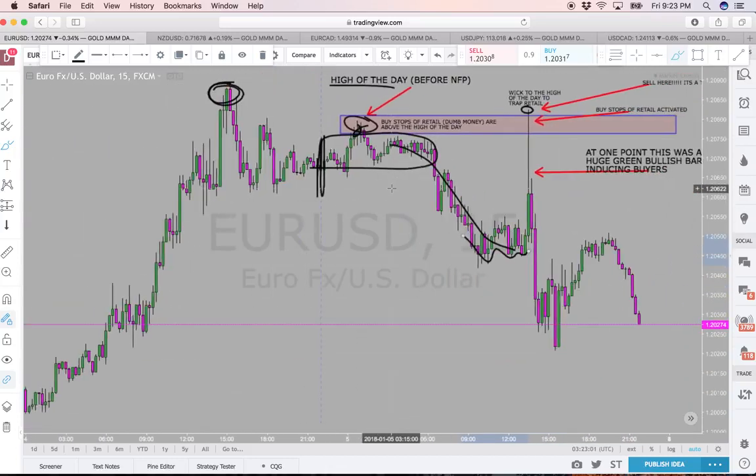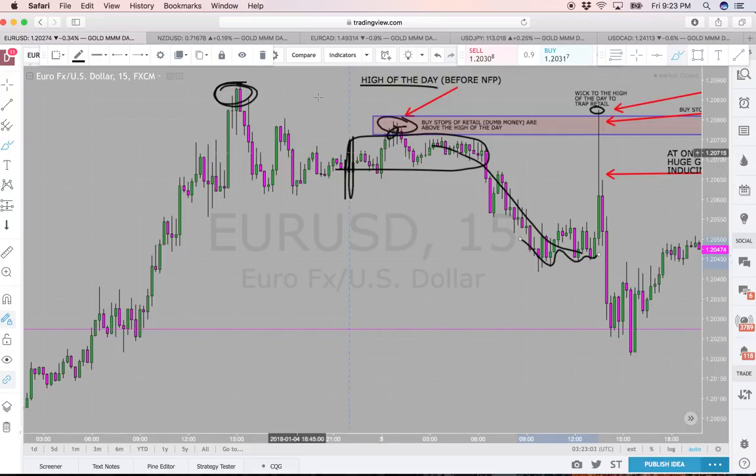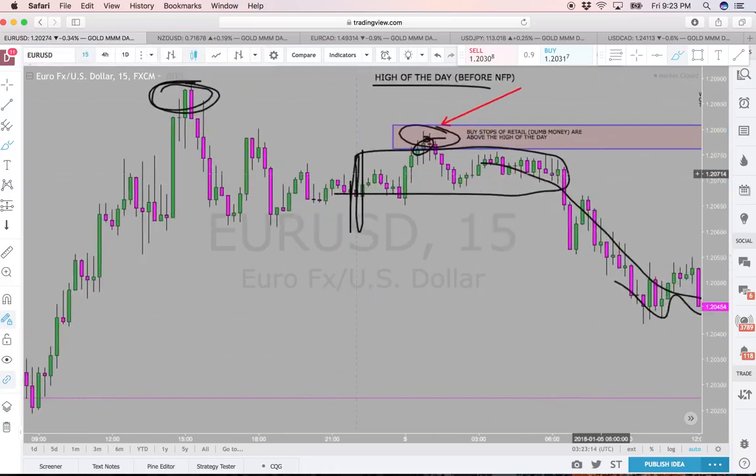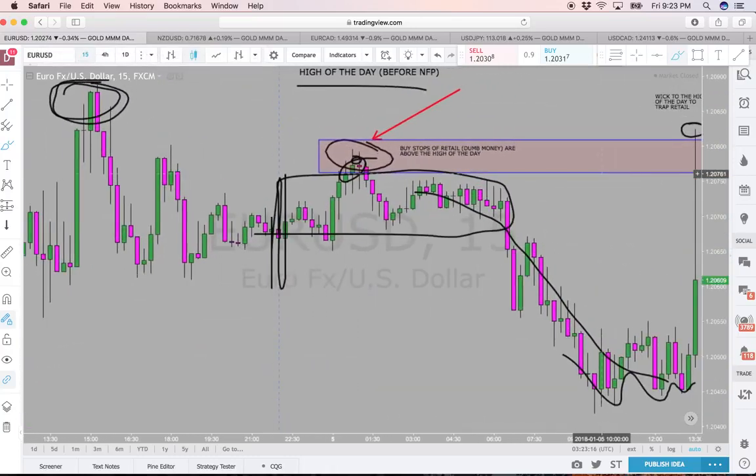Why did I think it was going to be a spike to the high? So this spike was once a big green bar. It was a big green candlestick. That is very, very hard for retail traders to resist.